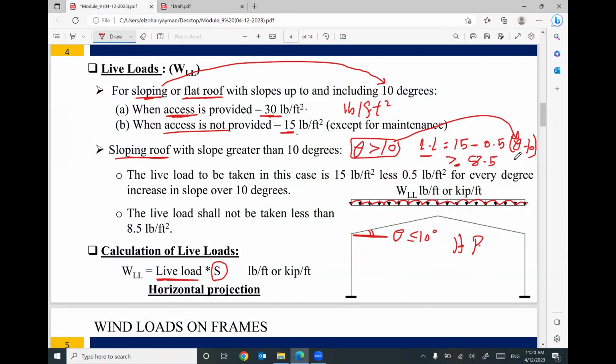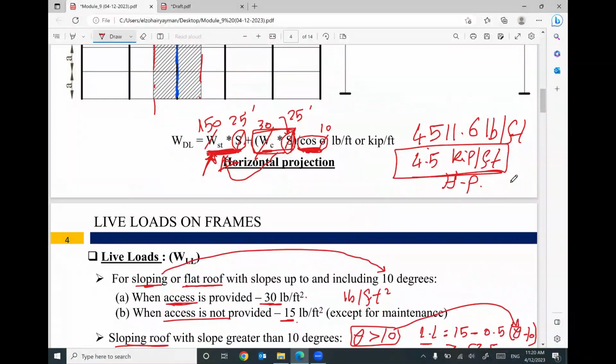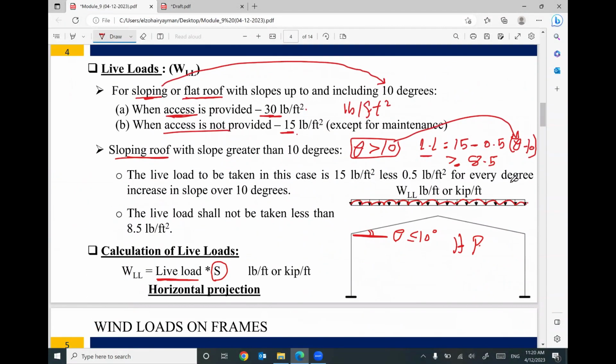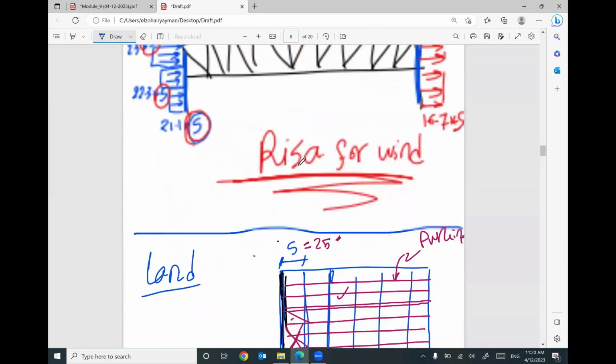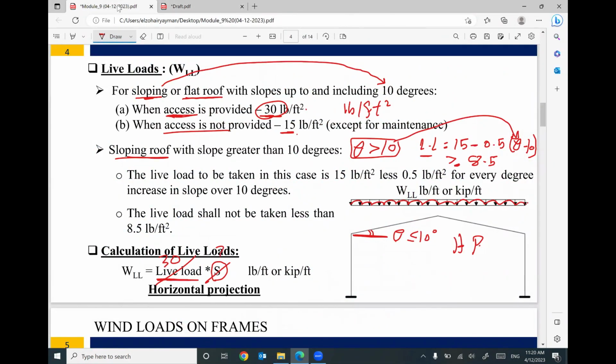So keep in your mind, your dead load is horizontal projection, your live load is horizontal projection. Assume your angle theta equal 10 degree and we have access, then the live load equal 30. The spacing between the main system in our example is 25 feet. So I will put here 25.